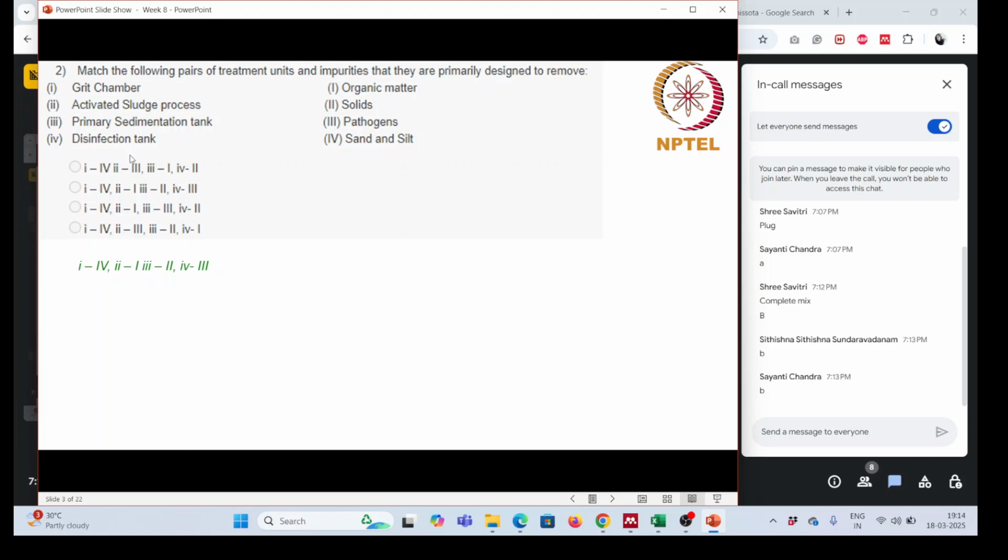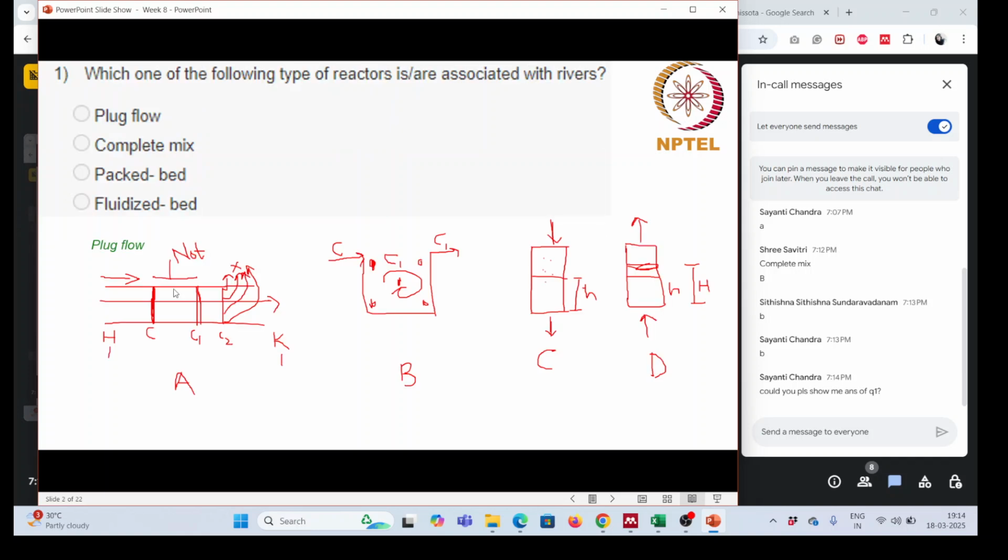The last process is disinfection, and yes, disinfection removes pathogens. So the sequence is grit chamber, primary sedimentation tank, activated sludge. Okay, question number 1 answer is plug flow.